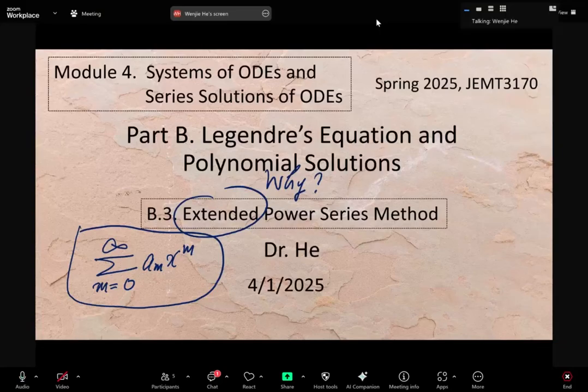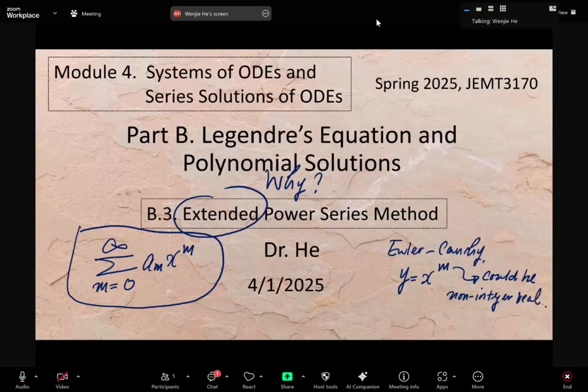We still look at the Euler-Cauchy equation, and our y we take as x to the m. Although it is a single term and very simple, the m could be a non-integer real number, and most of our solutions are non-integer solutions.